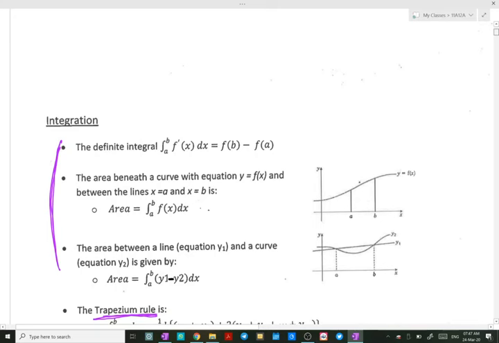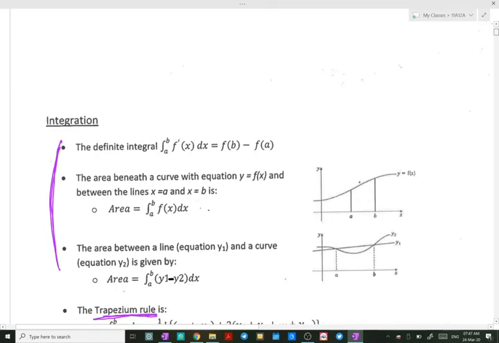As if you're finding the indefinite integral, you integrate f prime of x dx, but instead of writing the answer with a plus constant in the end, here you're going to remove the constant and find an answer. The answer is due to the bounds that you have here, the lower bound and the upper bound.